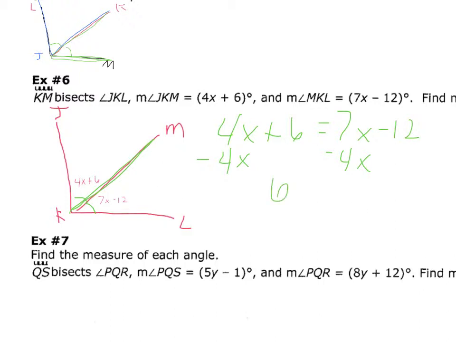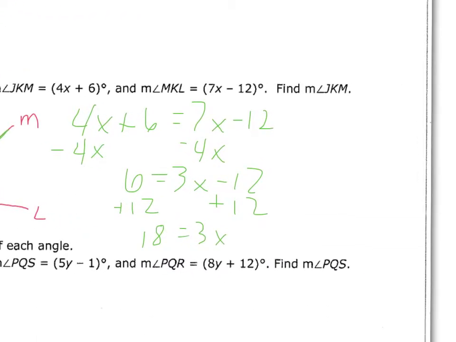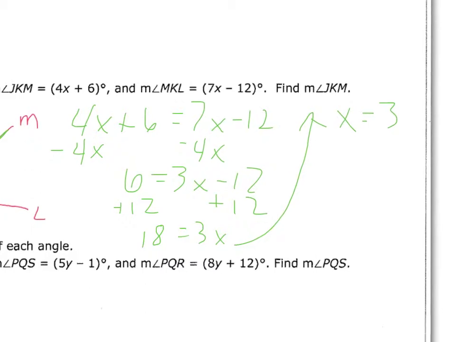So now we have 6 equals 3x minus 12. We add 12 on both sides, so you have 18 equals 3x. If you divide each side by 3, that gives you x equals 3. But that doesn't give us our solution yet.